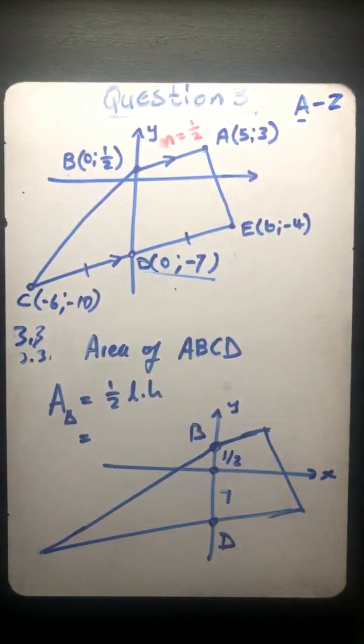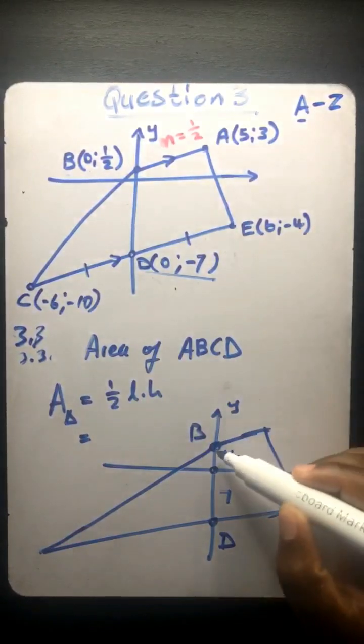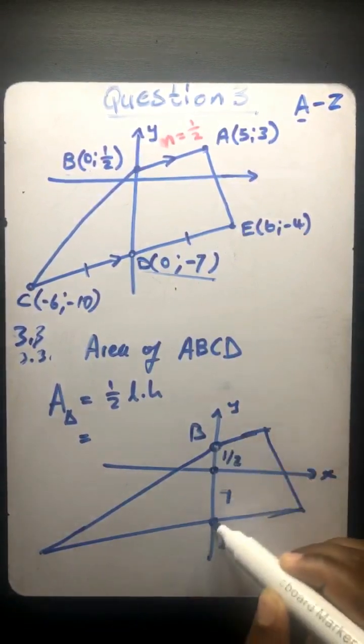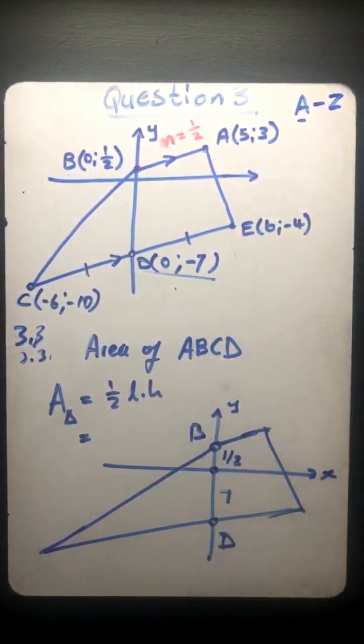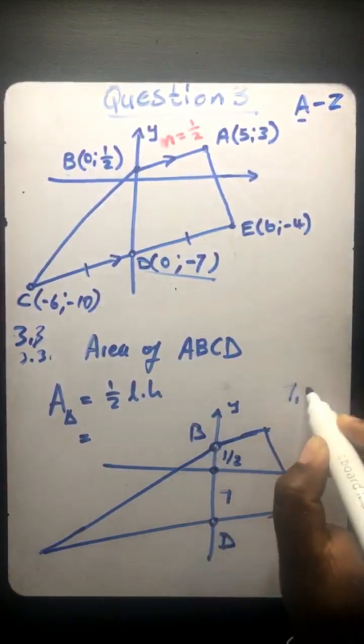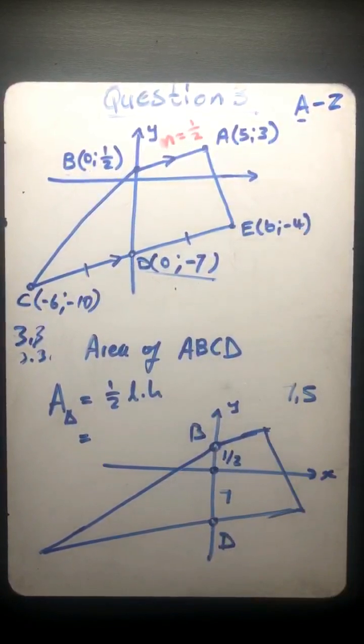At all times, mathematically, when we talk about the distance or the length, you forget completely about the sign, just so that you can know the total distance from that point to this point. Seven and a half. 100%. So that means from there to there, it's 7 and a half.